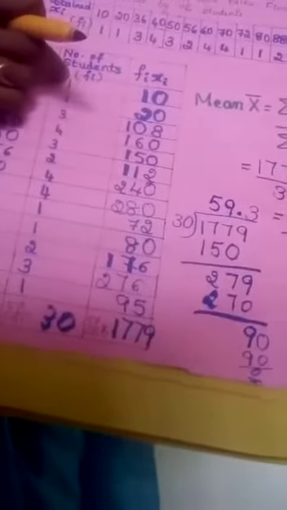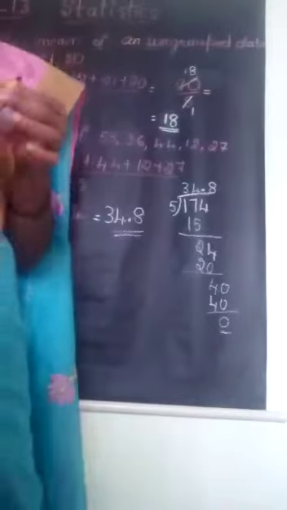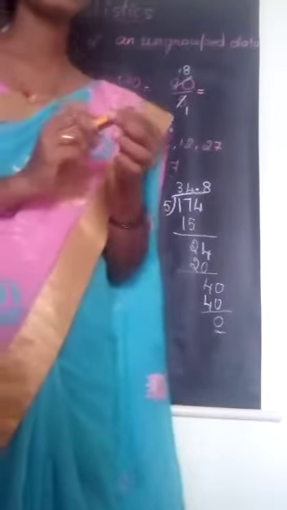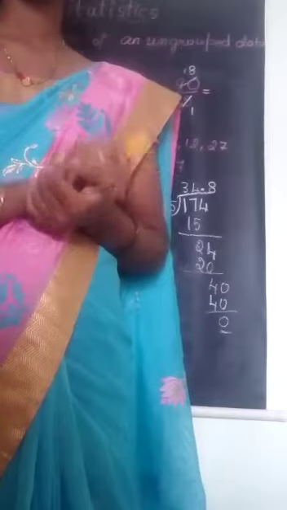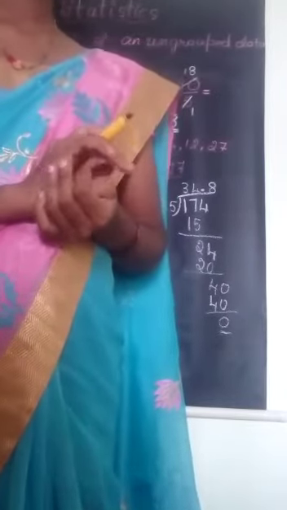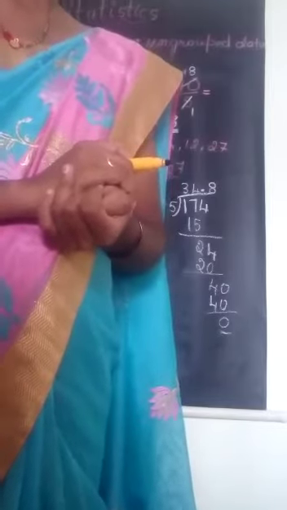In this way we found out the mean in ungrouped data. In this 10th standard, we shall extend the study of finding mean, median and mode in grouped data. There are 3 methods to find the mean: direct method, assumed mean method and step deviation method.